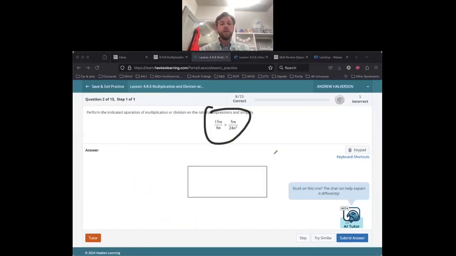So what do I do on this one? First fraction remains the exact same. We've changed the division to multiplication and flip the second fraction.